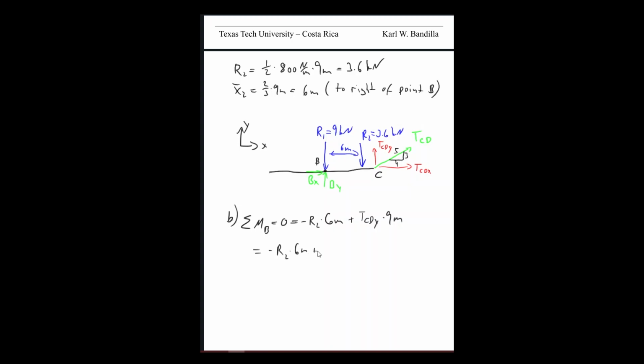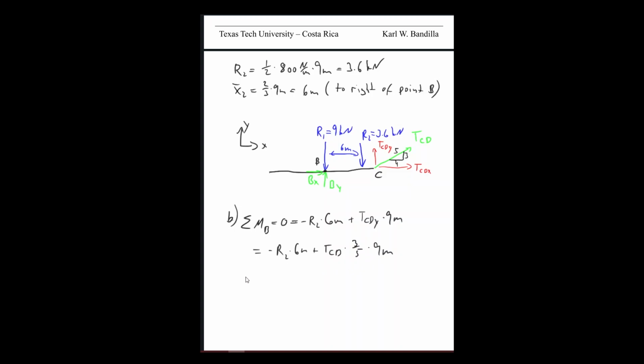All right, we're trying to find TCD, not TCDy, so we can say that is minus R2 times 6 meters plus TCDy would be TCD times the sine of our slope, so times the number that's in the up-facing one, so 3/5 times 9 meters.